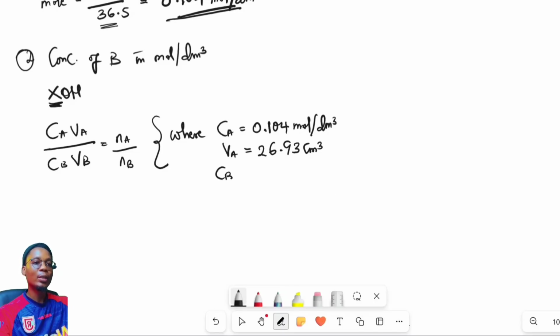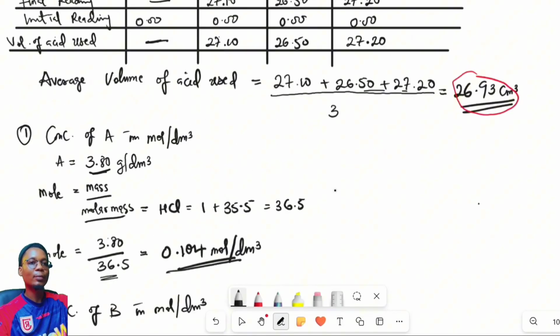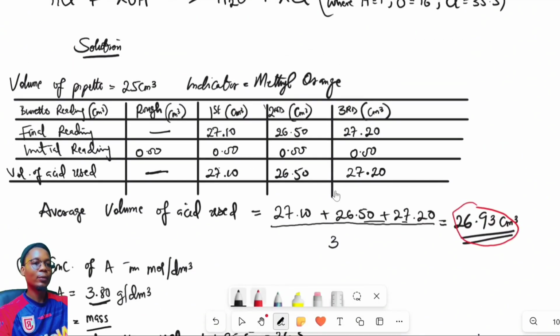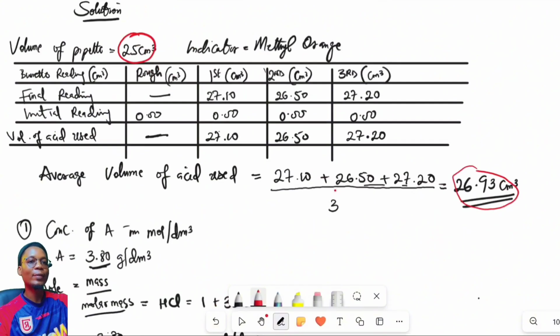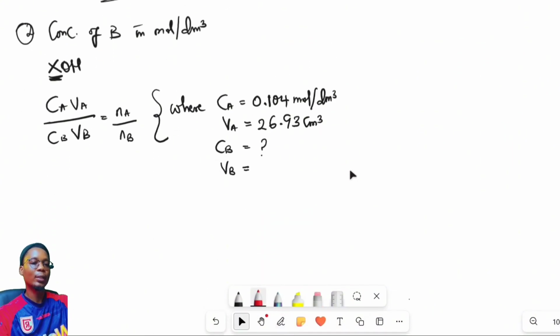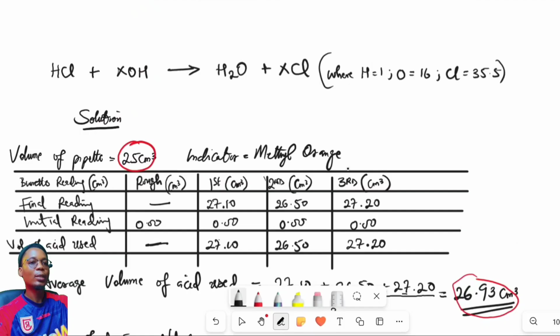Now our CB is what we are looking for. We don't know that, that's the concentration of the base. And our VB is the volume of the pipette, which is 25 cm cubed.